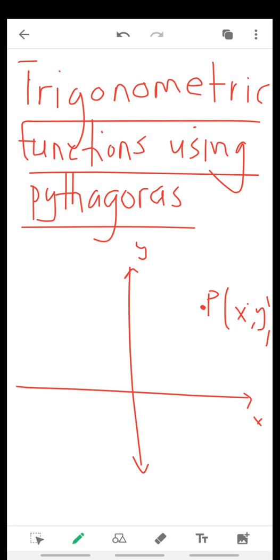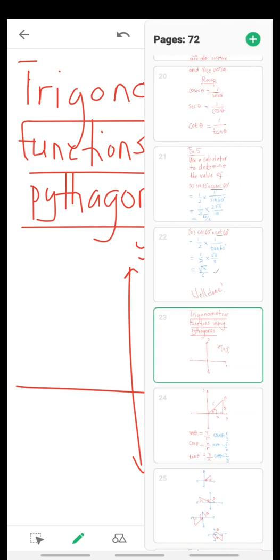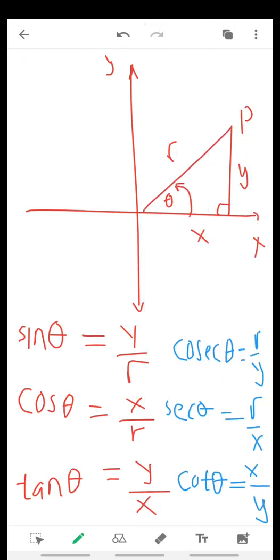This is in the first quadrant, point P. So do you agree with me that I can actually analyze point P in this manner, where if I join the dot from point P to the x-axis vertically, and I join point P to the origin diagonally, then I'll be getting a right angle triangle.